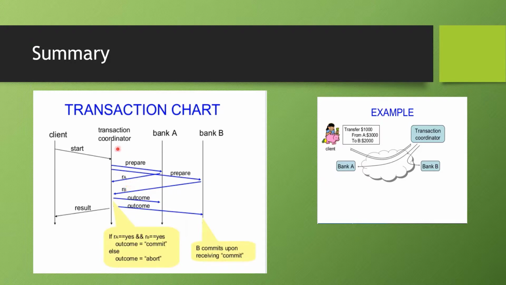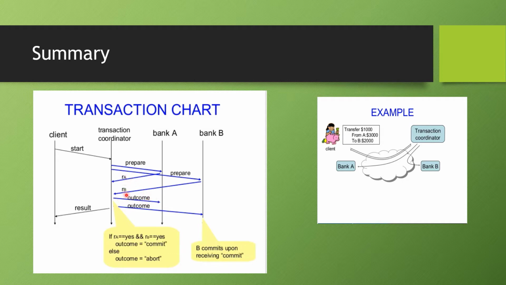Now the coordinator has to decide whether to commit the transaction or abort the transaction. This outcome depends upon the responses it receives from bank A and bank B. If both the responses are yes, that is, if they say that they are ready with their part of the transaction, then the outcome will be commit.